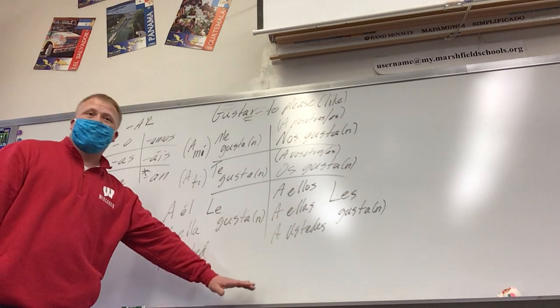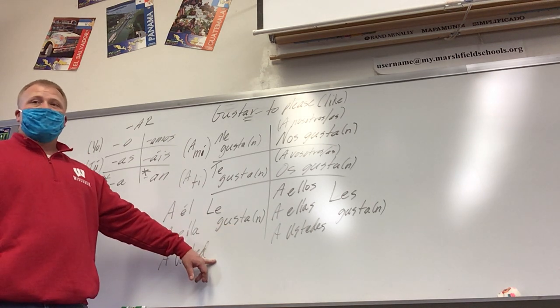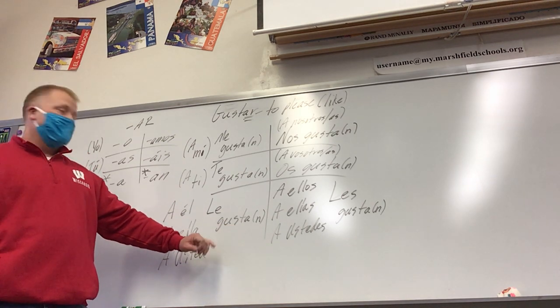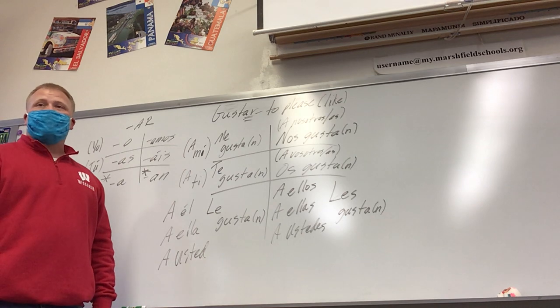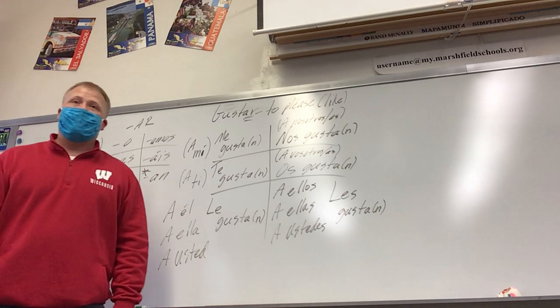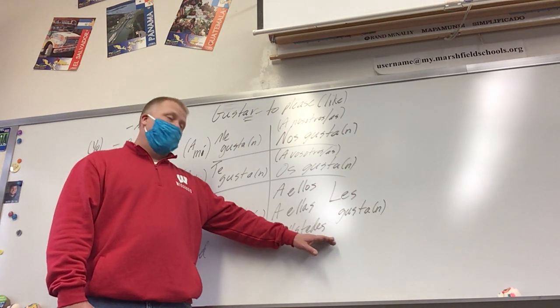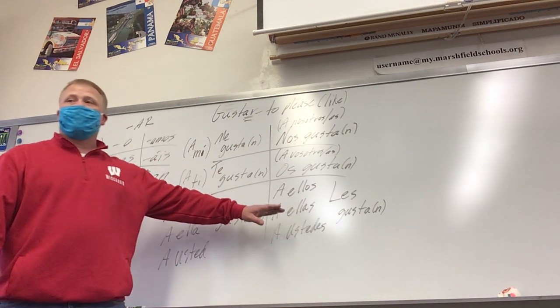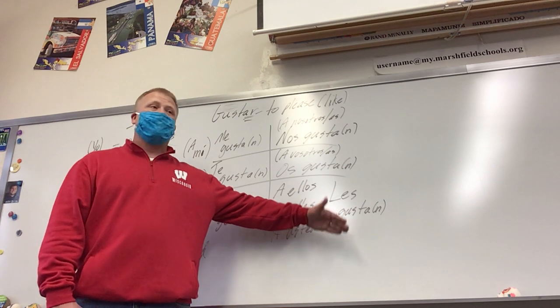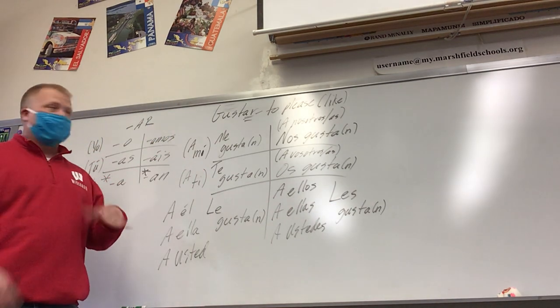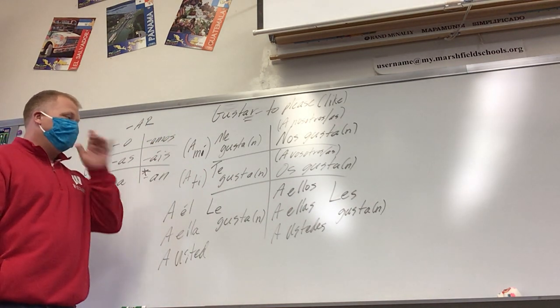What else can go in these categories? A name. If I say Mason likes, a Mason le gusta. If a girl likes, a la chica le gusta. If Mason and Hope like, a Mason y a Hope les gusta. The students like, a los estudiantes les gusta. So it's the same principles that we had before, except we have an a.